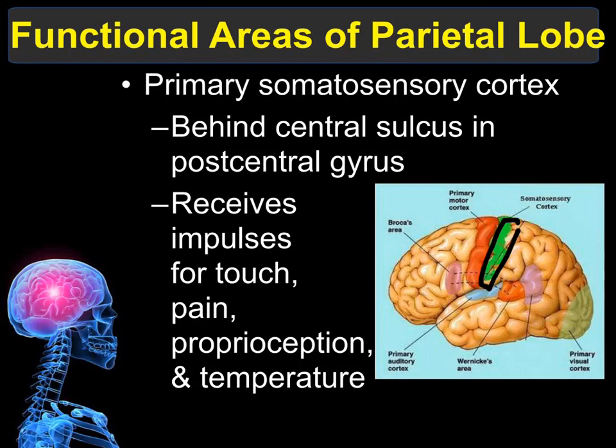Proprioception is your ligaments being stretched. Any of those things, vibrations, all of those senses get received by this little strip of the brain. So the front part is the motor portion, which controls the body movement, and the back part senses information from those areas.